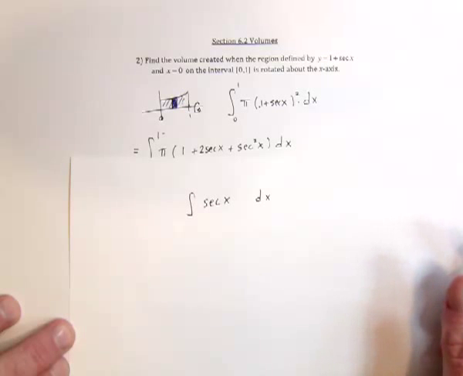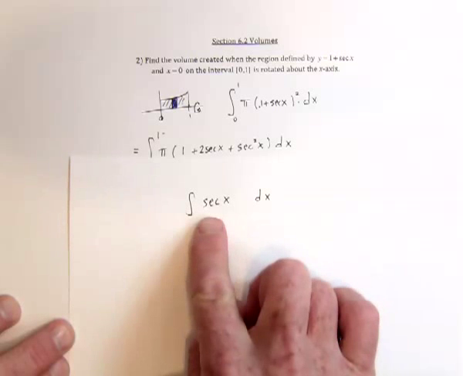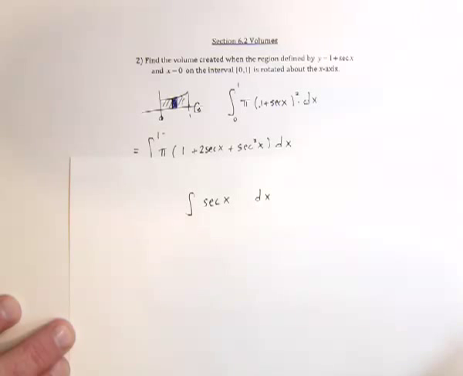So if you go through thinking about, well, the derivative of tangent is secant squared and things like that, the derivative of secant is secant tangent, none of them are exactly going to be just a secant by itself. So we need to either get this somehow turned into something with secant squared or something with a secant and a tangent. And it turns out that we use secant and tangent.